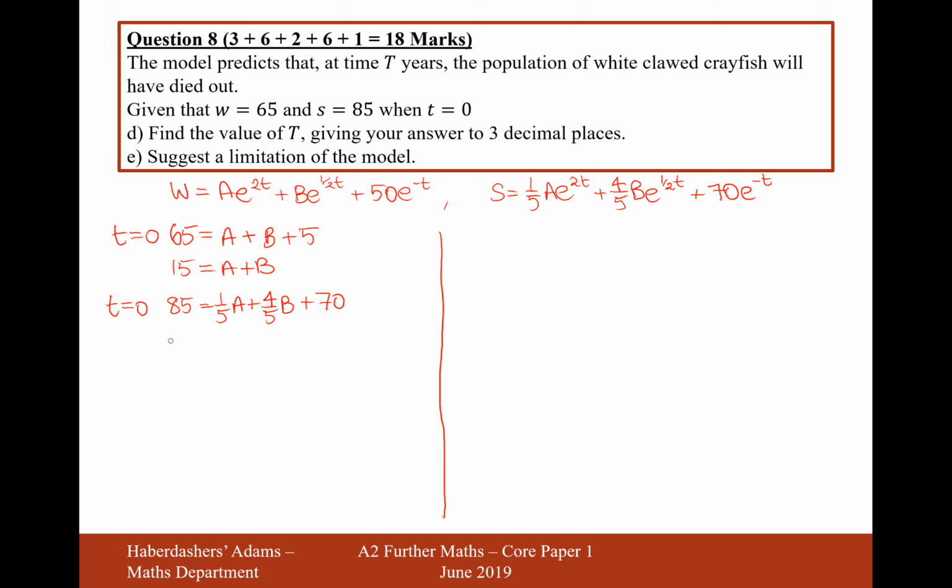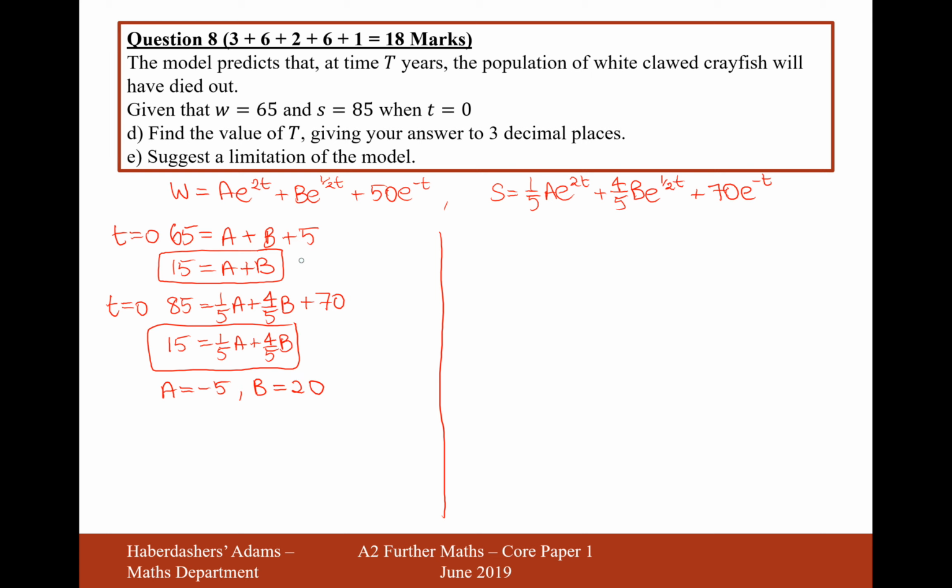So if we take the 70 onto the other side, we get 15 equals a fifth a plus 4/5 b. And we could spend some time rearranging this, or we could just plug it into the polynomial solver on our calculator, and we get a is minus 5 and b is 20.